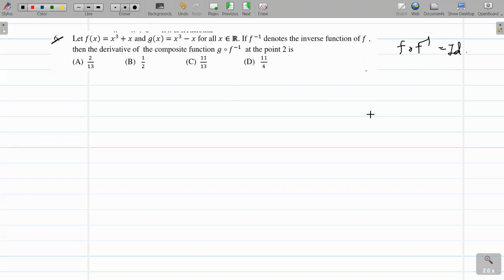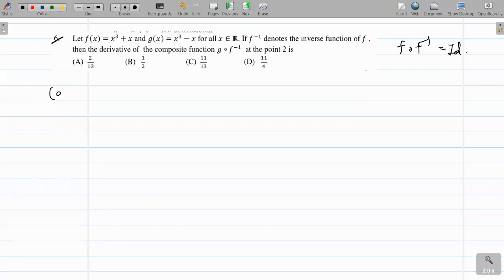So what we can do is to find the differential. So we can apply chain rule so that we can get f inverse of 2 from this expression, and we can then compute g of f inverse at 2 by applying chain rule. Correct, correct. Good, very good. So go ahead.